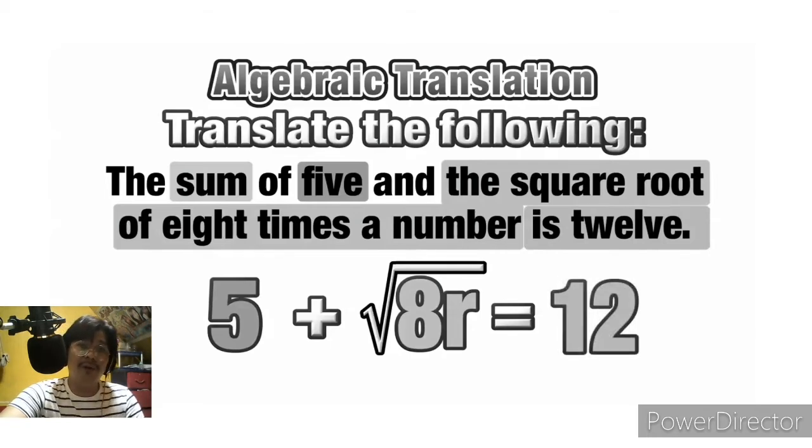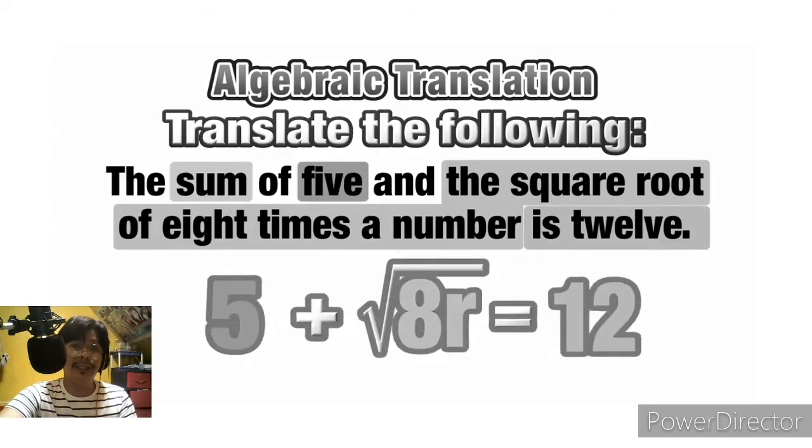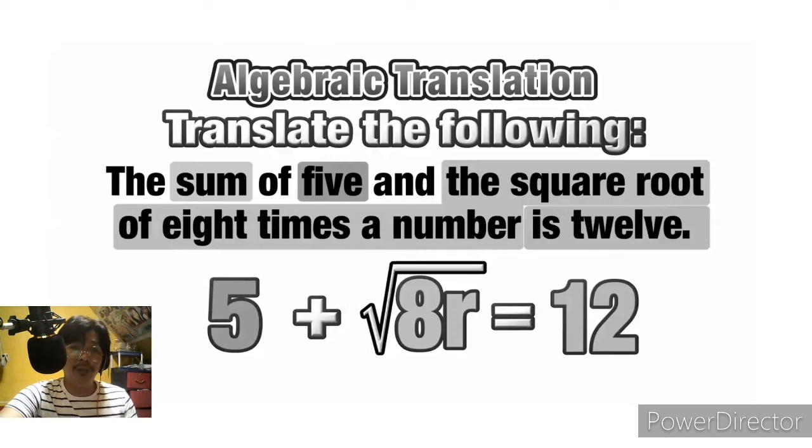The sum of 5, so we have 5 plus the square root of 8r is equal to 12. That is the translation of the verbal phrase into a mathematical expression. Study carefully the words that we put. The sum means plus, and of course 5 is 5, and the square root of 8 times a number is 12.